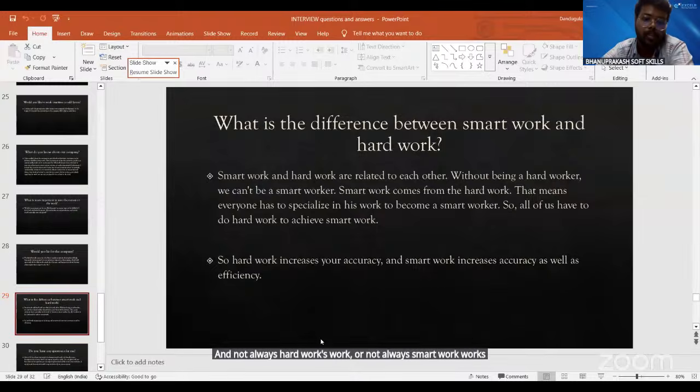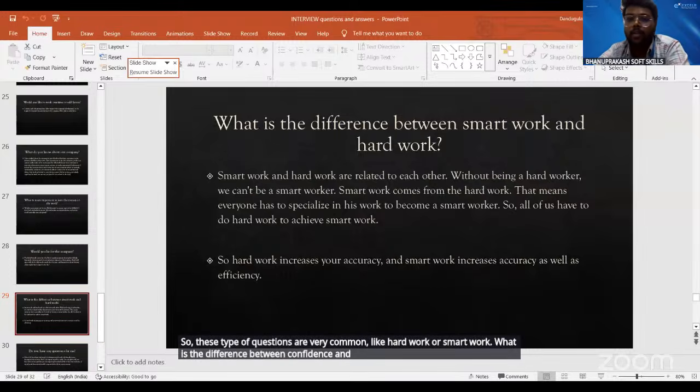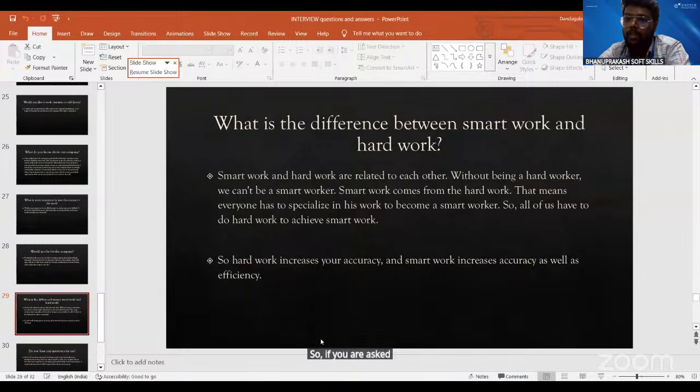So these types of questions are very common, like hard work or smart work. What is the difference between confidence and overconfidence? What is the difference between creativity and something else? If you are asked such questions, choosing between two, never choose one thing here. Never go with any extreme end, as that will affect, because everything has its own pros and cons.